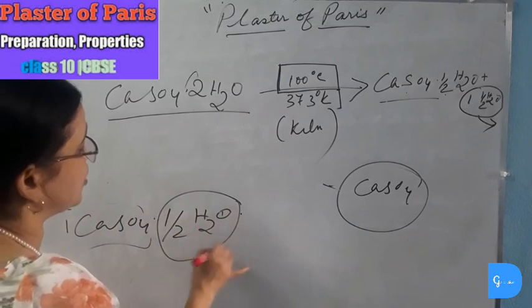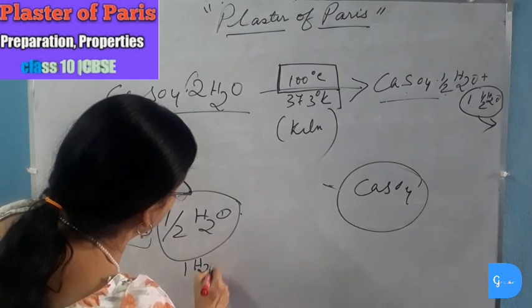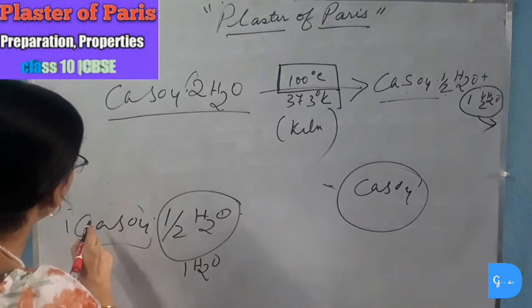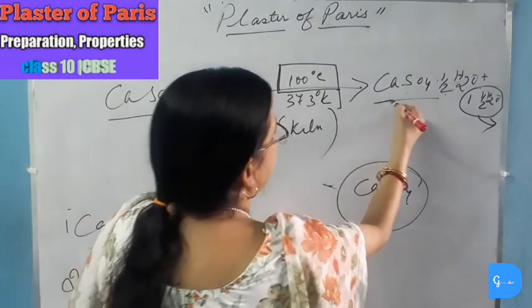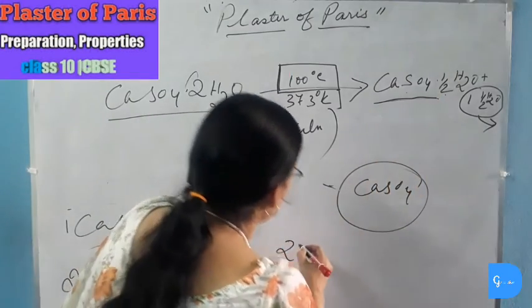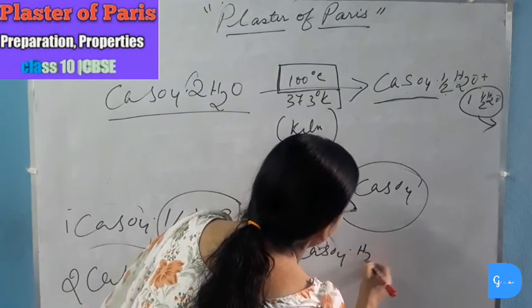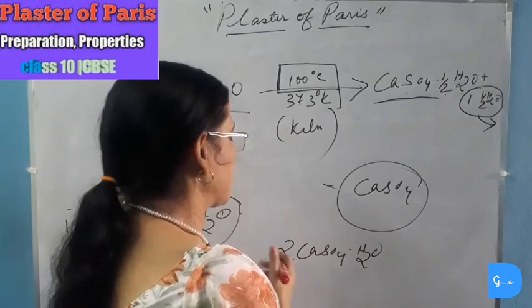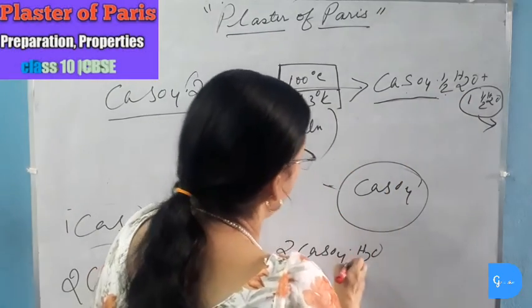As half a molecule of water is very difficult to write, we can say that one molecule of water of crystallization will be present in two molecules of calcium sulfate. So we can write this CaSO4 half H2O in this way also, (CaSO4)2 H2O. So the formula of plaster of Paris is CaSO4 half H2O or (CaSO4)2 H2O.